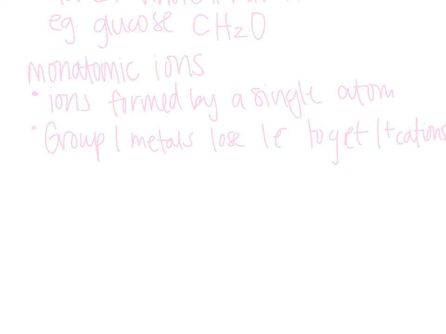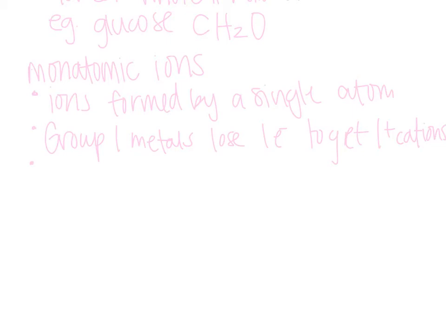So if you're looking at your handy dandy periodic table, your group 1 should have a 1 plus at the top because all of the elements in that group tend to lose 1 electron, which makes them less negative, so they have a positive charge, and they are a cation because those are positive.